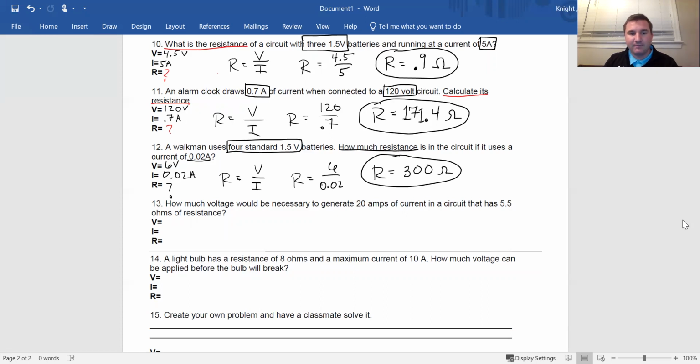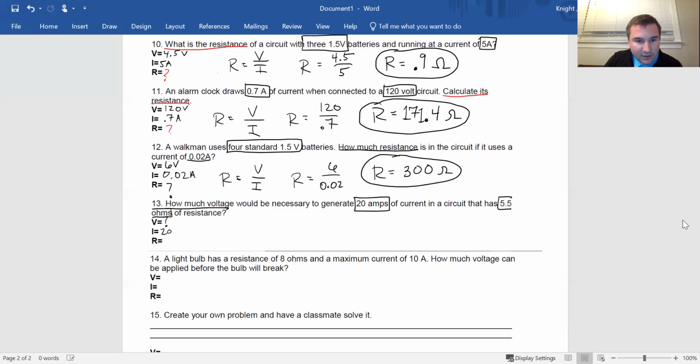13 and 14 are kind of mixed problems. So let's see what we get asked here. How much voltage? So I'm looking for V would be necessary to generate 20 amps. This is the first time they're using amps instead of A, but amps is still current, in a circuit that has 5.5 ohms of resistance. So they use the word ohms as well. So amps is current.